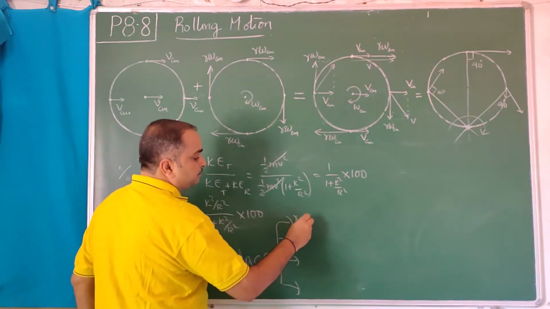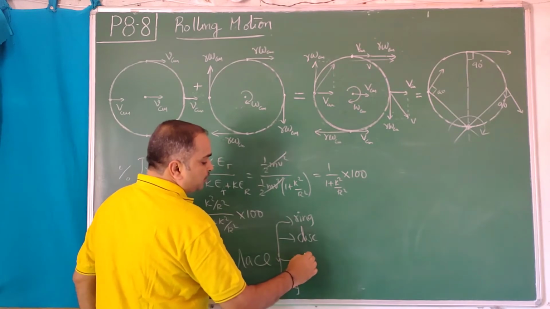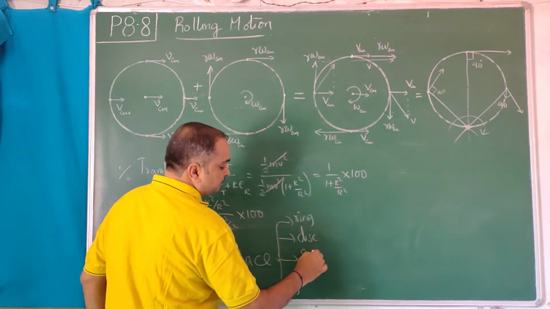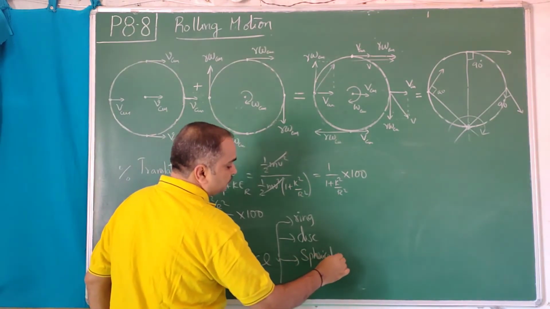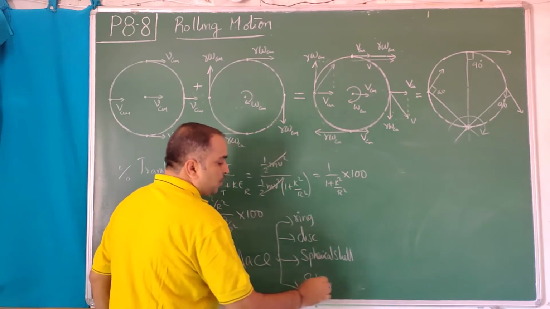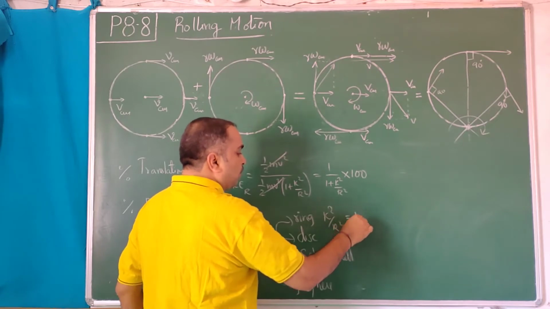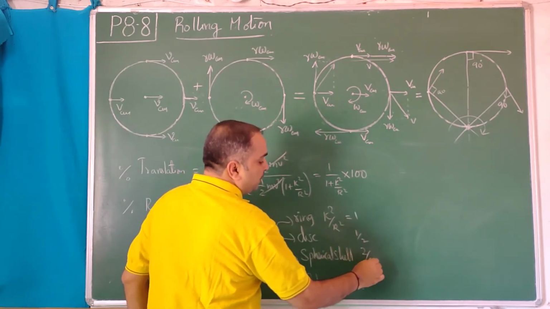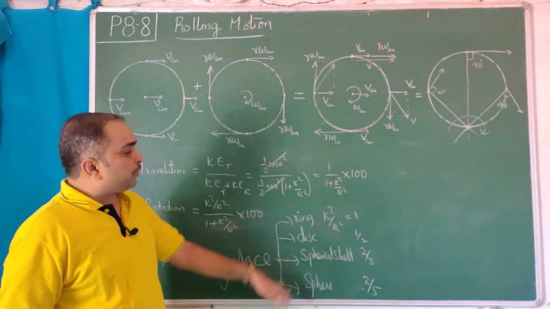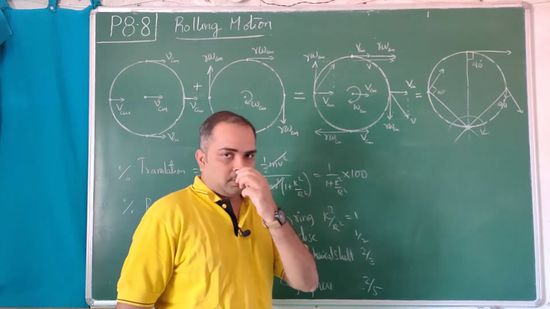I take ring, disc, circular disc, hollow sphere, shell, and solid sphere, whose k square by r square values are 1, half, 2 by 3 and 2 by 5. Remember that if you substitute these values, whichever has more translation will come first.